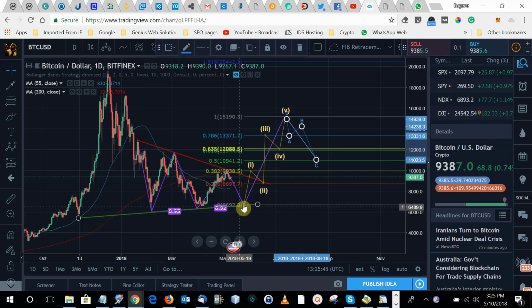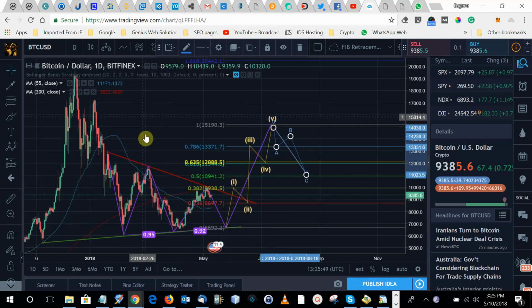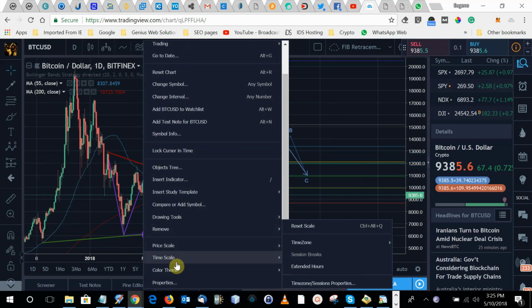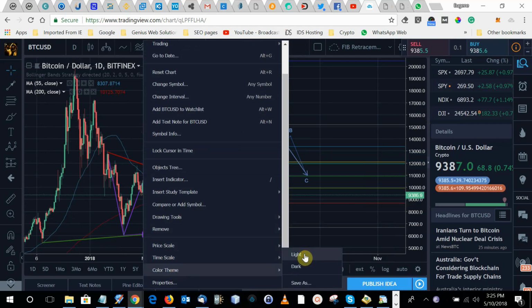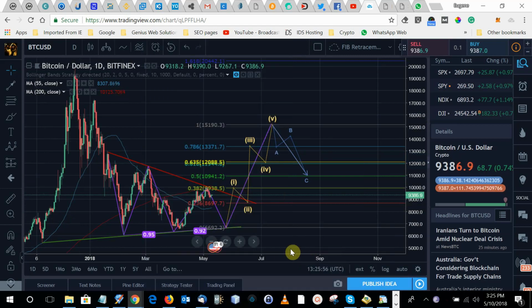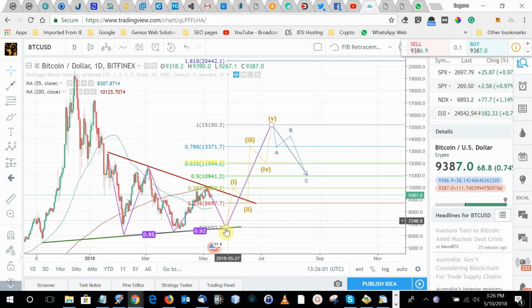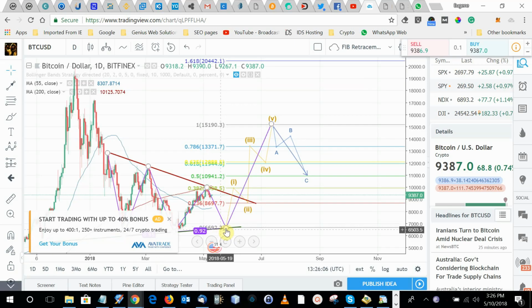The reason why I'm not so sure if this will play out is because if you look at this point over here, you can see that in order for this to play out, we require BTC to come down to this price here, and this is the 6,000.